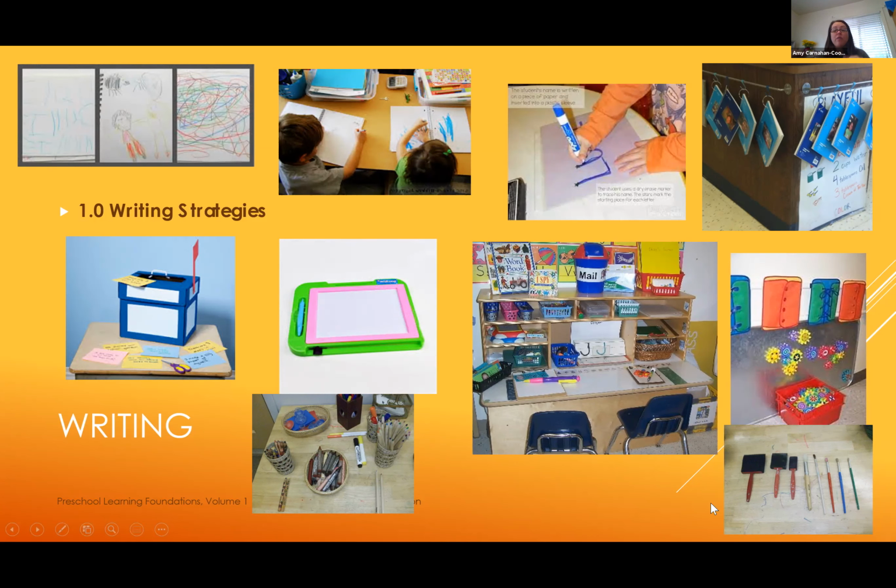It's important to have a variety and different sizes, because again, these motor muscles and being able to use and coordinate those paint brushes is all connected to emergent writing. So we want to make sure that we understand that connection and that we're building in lots of opportunities in our classroom. When children have this skill developed, they're going to feel more confident and be more engaged in trying out some of these activities.